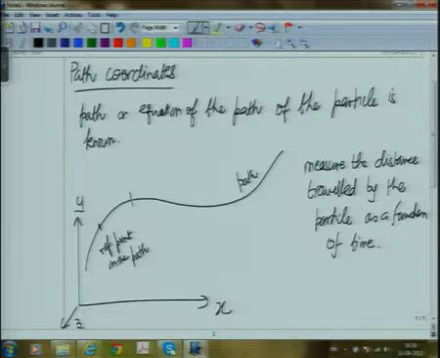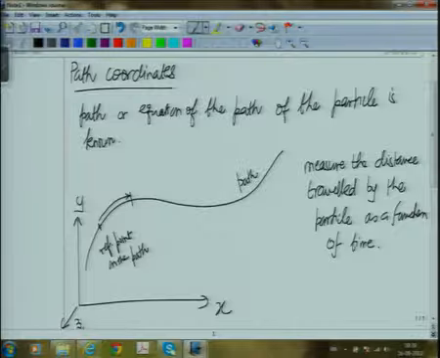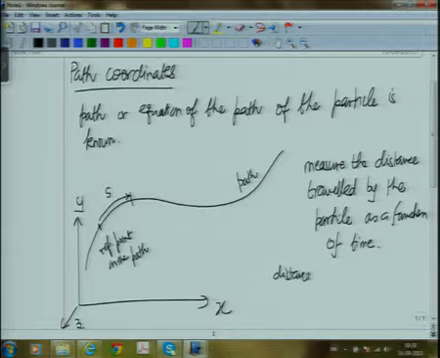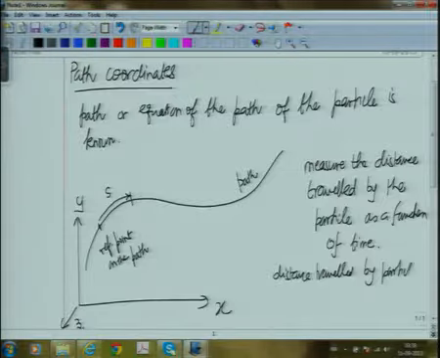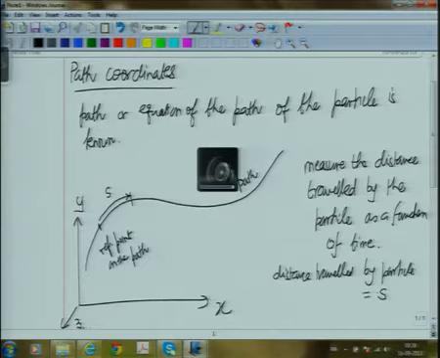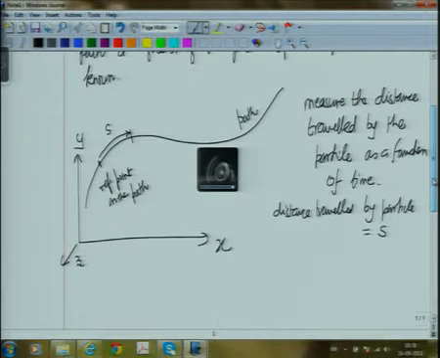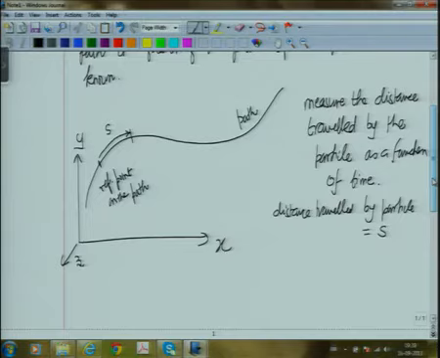The distance travelled by the particle, we use a symbol s for that. So, the distance travelled by the particle is s, and from this point we measure s as a function of time. This is the basic measurement which we do, and because the path is known, the particle has to travel along this curved path, and we will keep on measuring s at successive times.